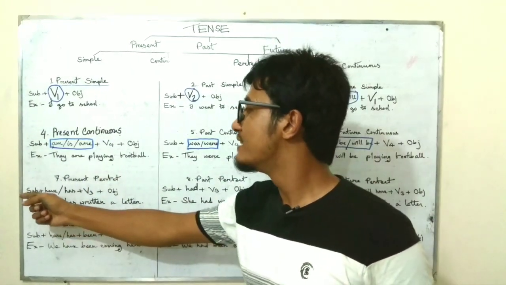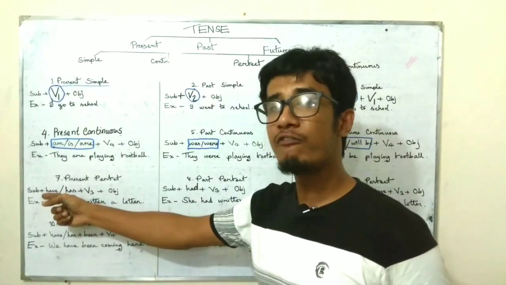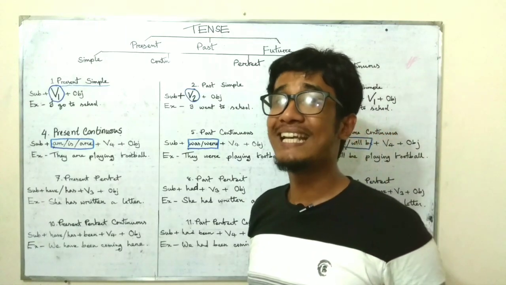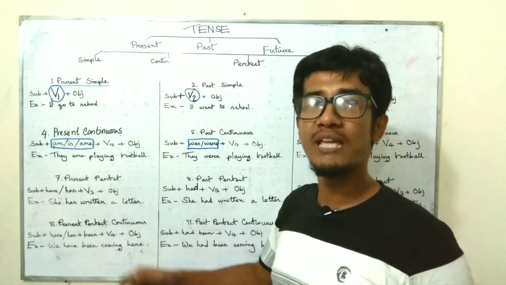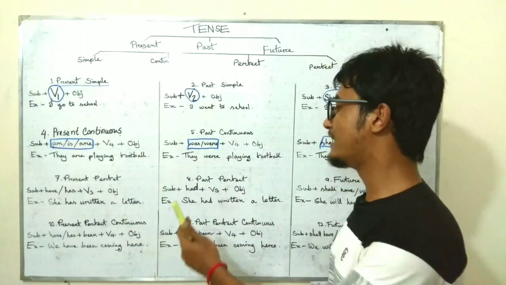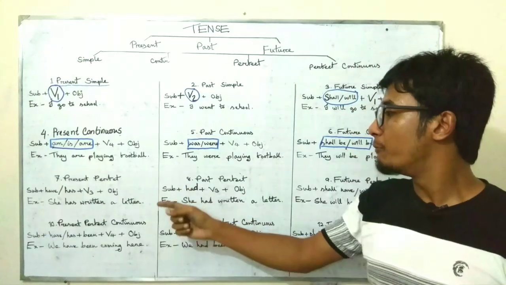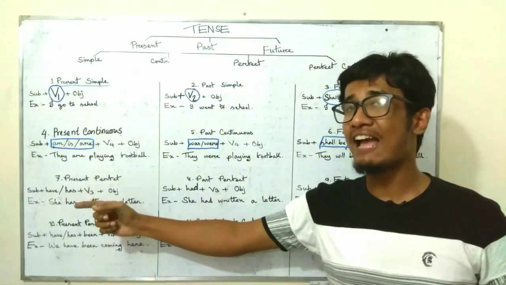The structure is subject and then to have verb, either have or has. Then we use V3. V3 is the past participle form of a verb, and then we use an object. And in past perfect tense, similar to present perfect, we begin with subject, then to have verb, but not have or has.